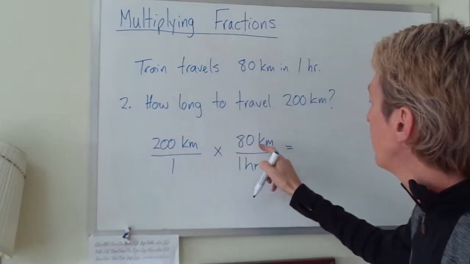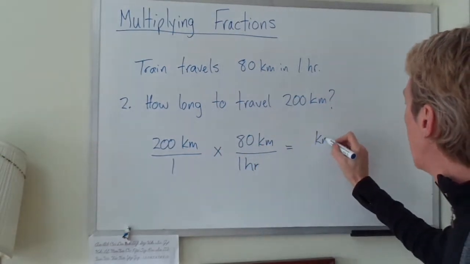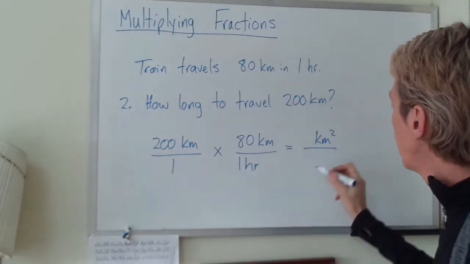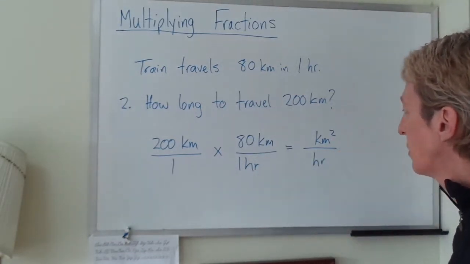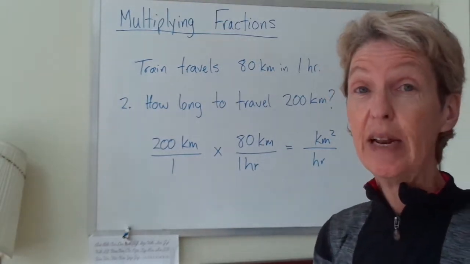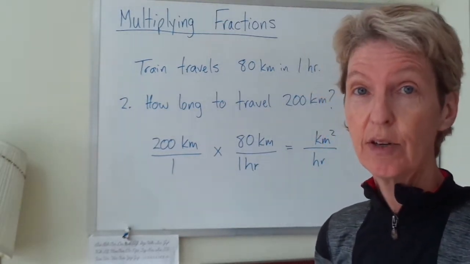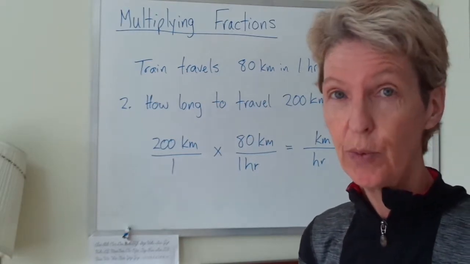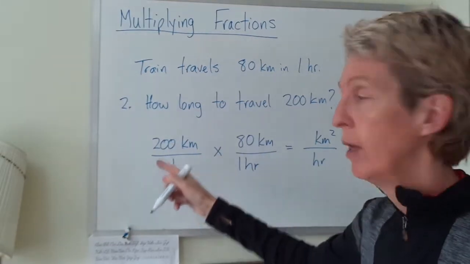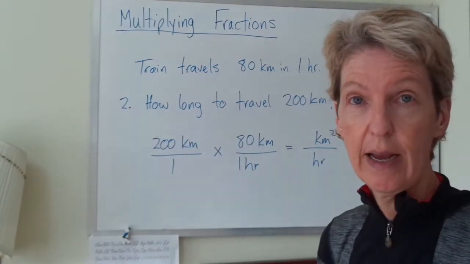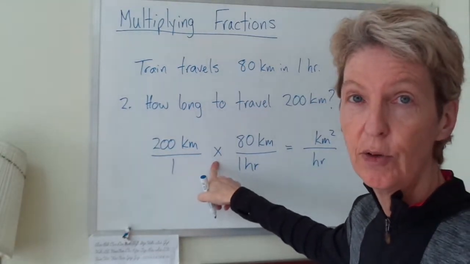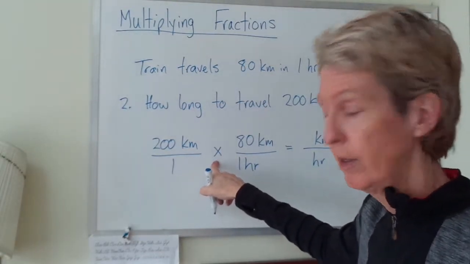We have kilometers times kilometers, kilometers squared, and in our denominator we have hours. Okay, that doesn't look right. We can't have any kilometers in our answer, and we definitely can't have kilometers squared. They're asking about how long, how much time, so our answer just has to be in hours. So we know that multiplying these two numbers together is the wrong thing to do.